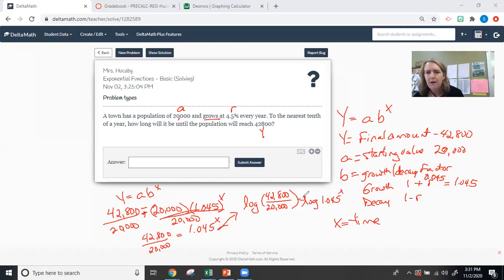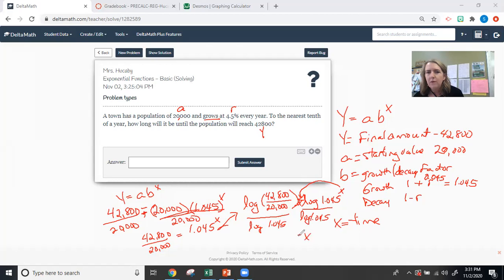We learned from our exponent rules that we can move this x in front. Then I'm going to divide both sides by the log of 1.045.